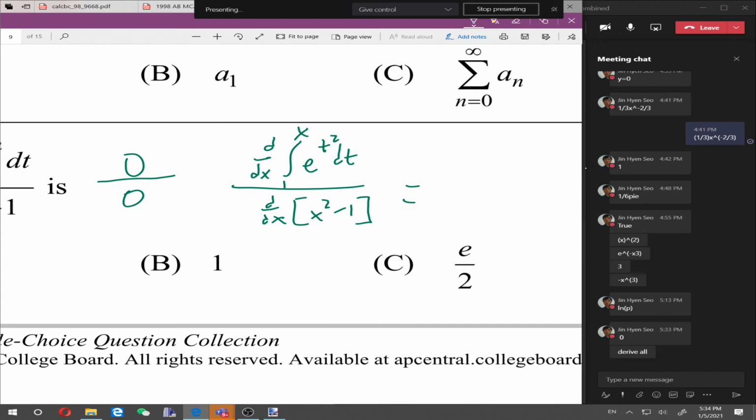Kyle, what happens if we derive the integral from 1 to x of e to the t squared dt? If I derive the numerator, what's going to happen? Let's see, e to the t squared times 2t.